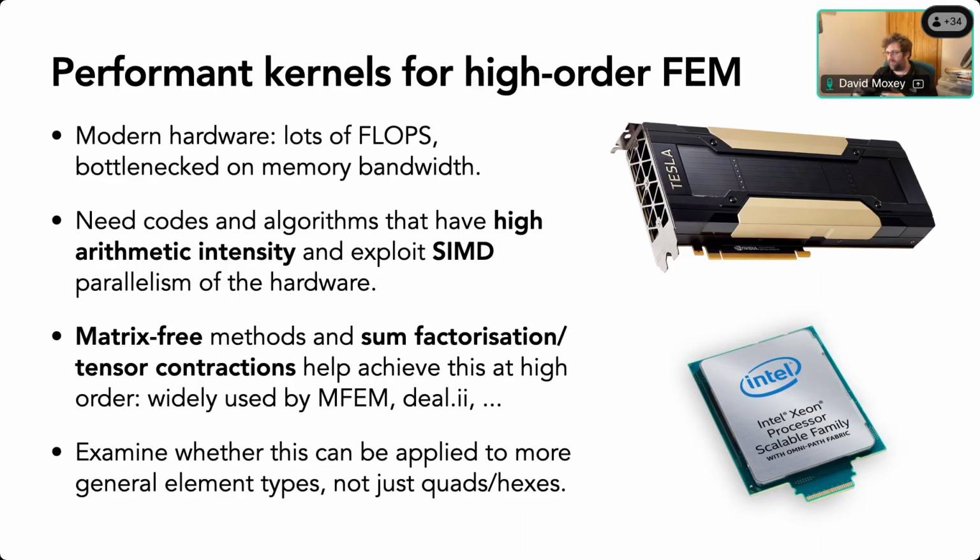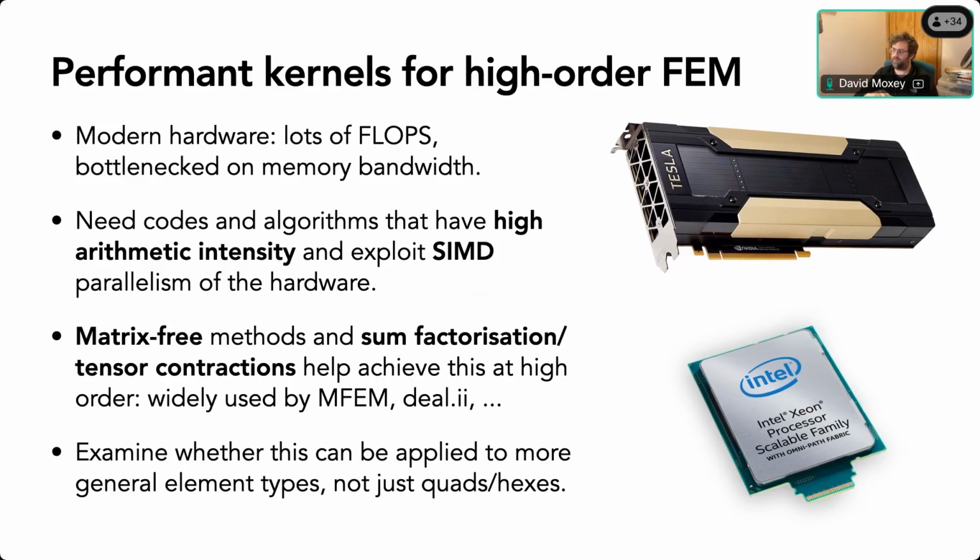And that's the concept of arithmetic intensity, that we need these codes and algorithms, such as these higher order methods. As you increase P, you can tune this arithmetic intensity to target the hardware that you're interested in. On the CPU particularly, you have to exploit SIMD parallelism quite clearly, and SIMT, I suppose, on GPUs.